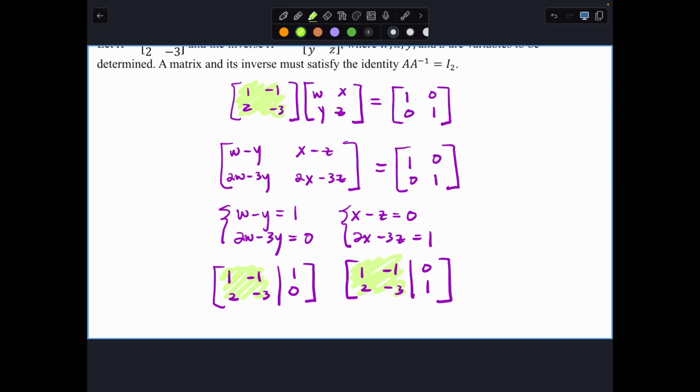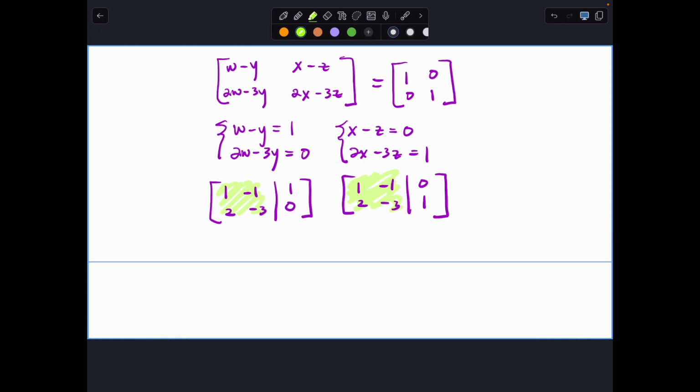Because the left-hand side is the same, but they're equal to different values, the first one 1, 0, the second one 0, 1, we're actually allowed to combine this into a single augmented matrix: 1, 2, negative 1, negative 3, 1, 0, 0, 1.